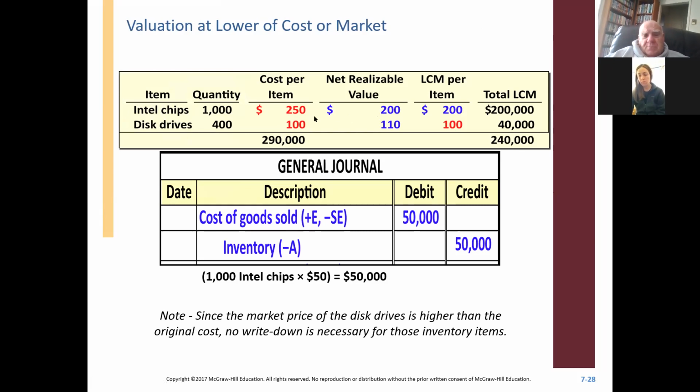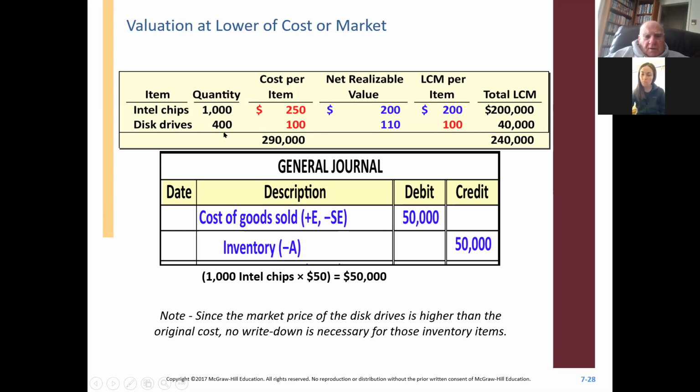No one's gonna buy these chips for 250. They're gonna have to sell them for 200. So we must recognize this loss of $50 times 1,000. That's a $50,000 loss.